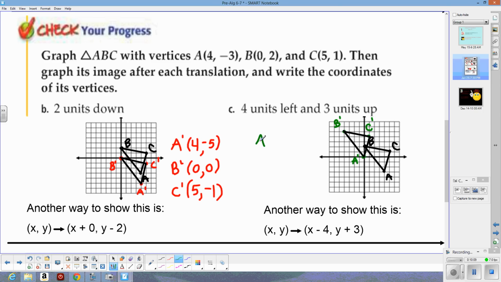A prime is going to be at 0, 0. B prime is going to be at negative 4, 5, and C prime is going to be at 1, 4.